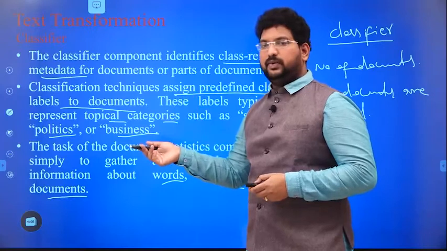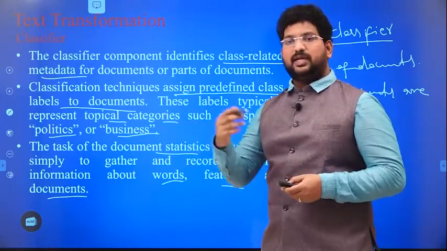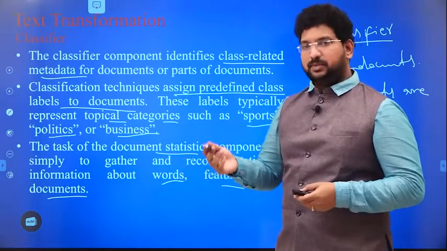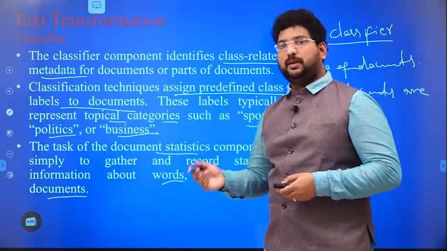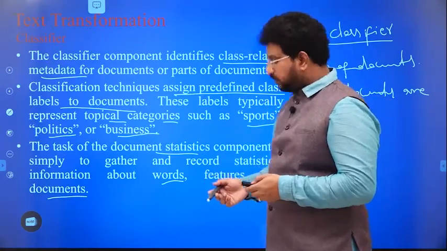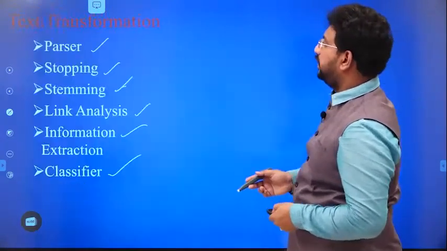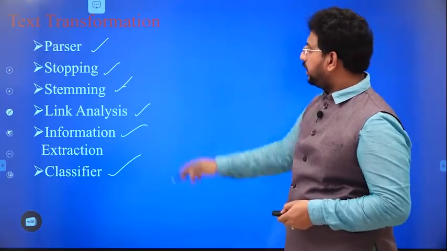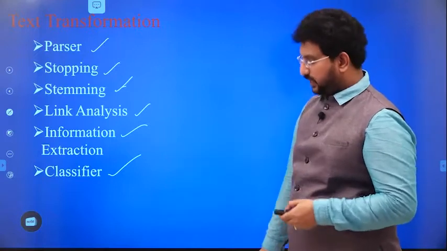Whenever you try to understand, the entire text transformation is all about transforming the text into index terms. As part of transforming the text into index terms, we find different components: parser, stopping, stemming, link analysis, information extraction, and the classifier.